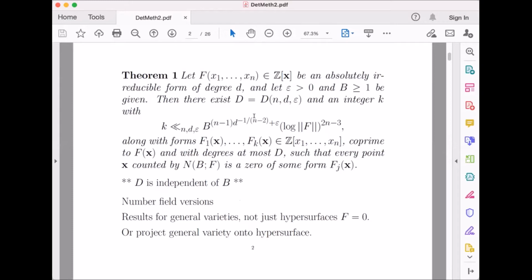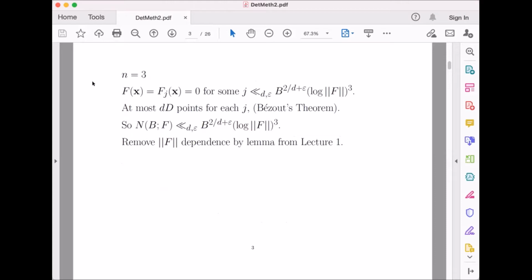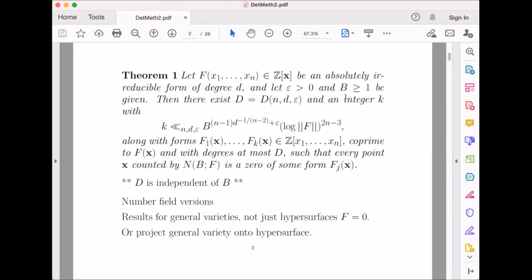Okay, so we'll have to think about that in a moment, but let's see some more about what this theorem leads to by looking, first of all, at the case n equals 3. So in that case, the bound on the degree says that the integer k runs up to B to the 2 over d plus epsilon, times log f cubed. So this horrible exponent here, in the case when n is 3, reduces to 2 times d to the minus 1.